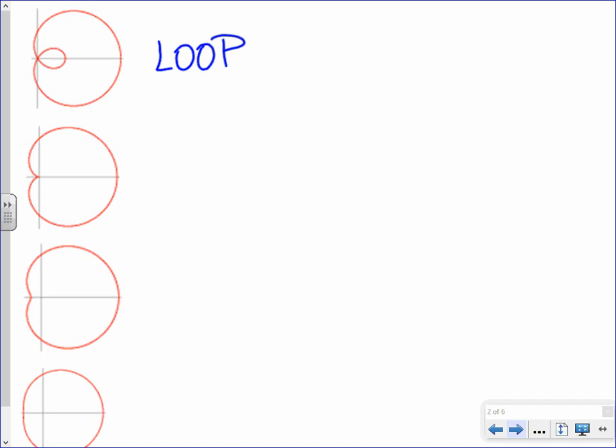When you identify the shape, you're going to tell me limaçon, and then whether it is one of these 4. So you would say limaçon loop. We are going to have a loop if A divided by B is less than 1.